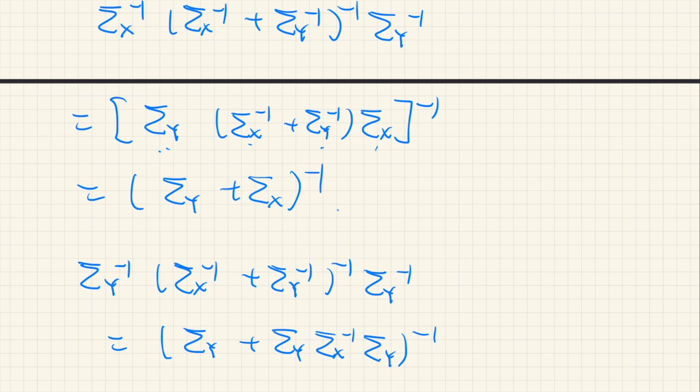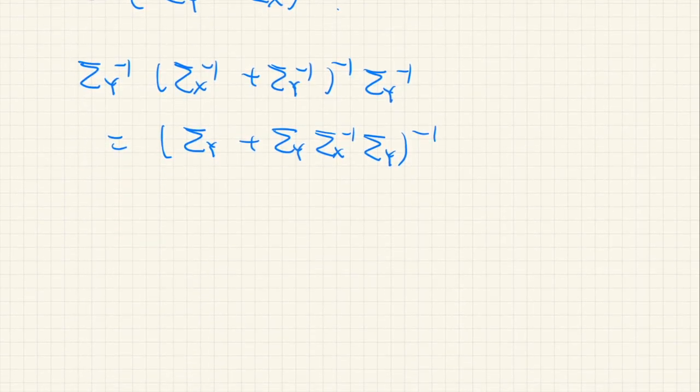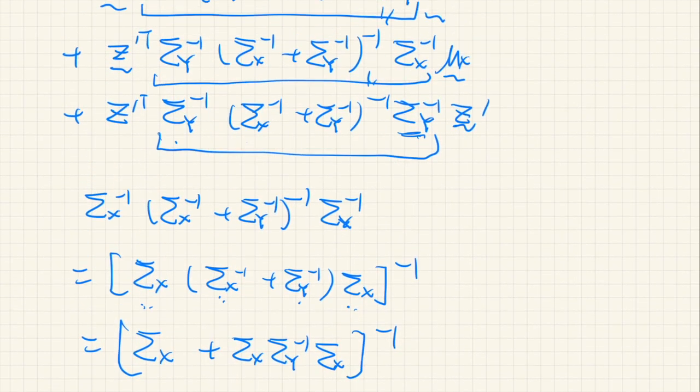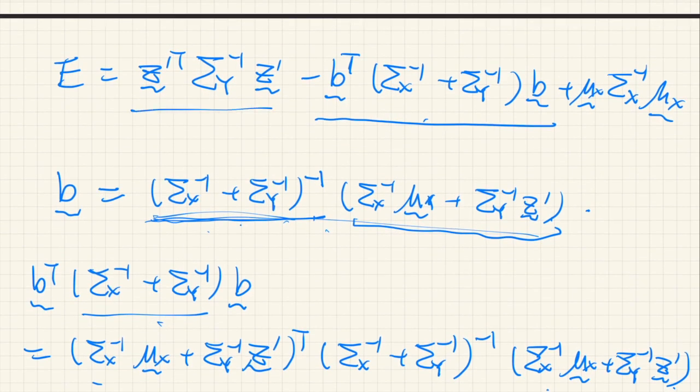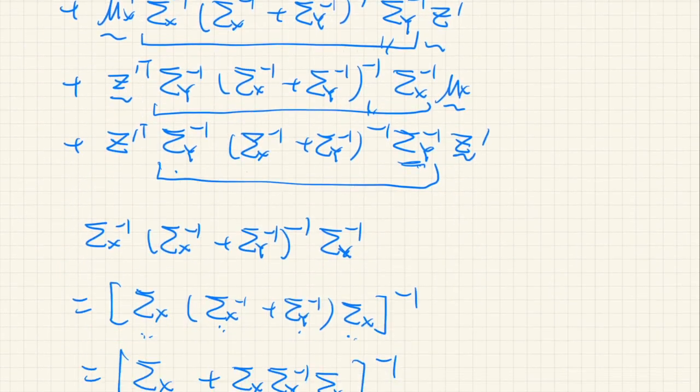All right, now put this all into E. So E was, let's see, let's go all the way to here. So we have this, and we just found this and add this.